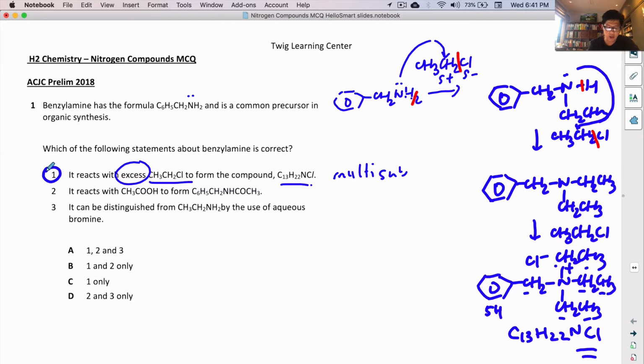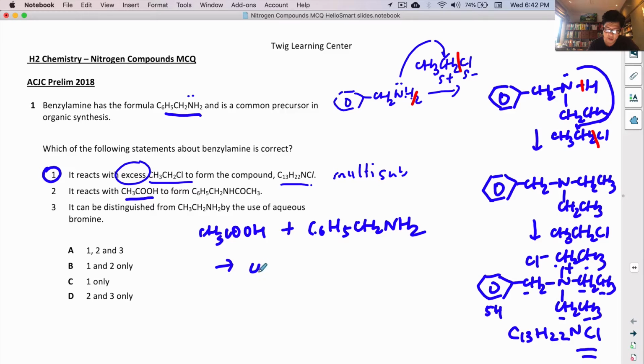Okay, it reacts with carboxylic acid to form an amide. No, carboxylic acid plus amine becomes a salt. If I have to write the equation, it's CH3COOH plus C6H5CH2NH2. It's just an acid-base reaction, so you're going to form a salt.